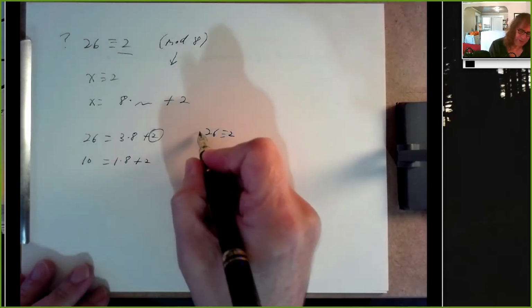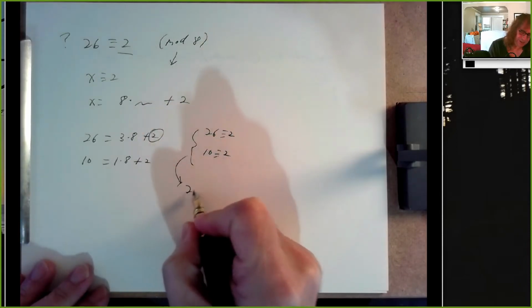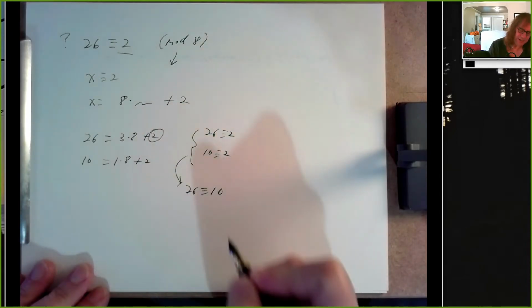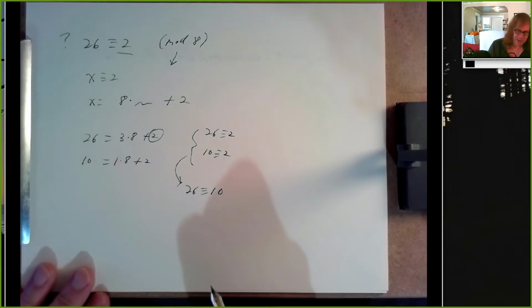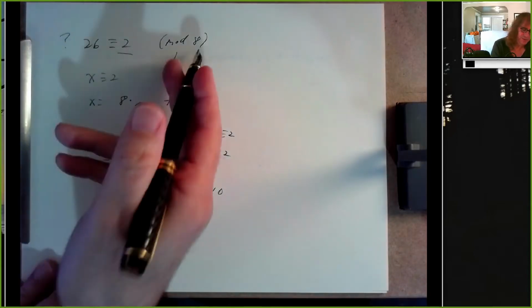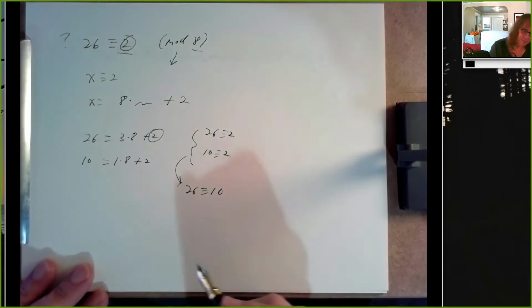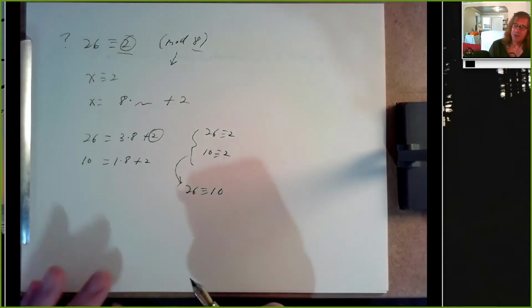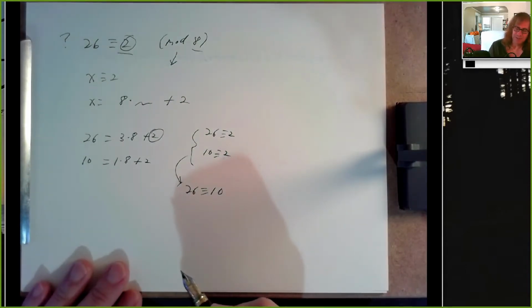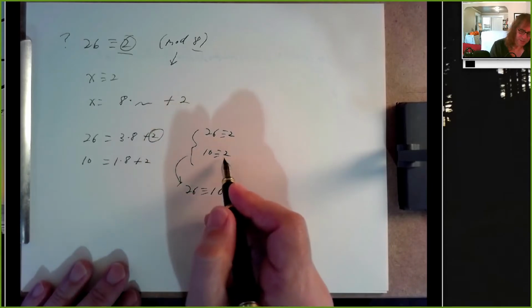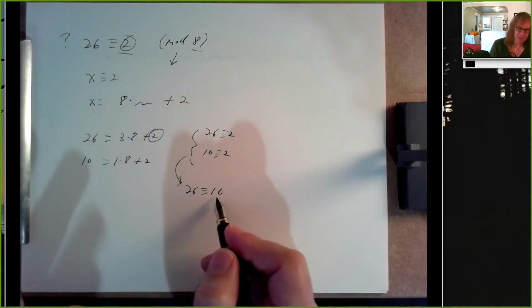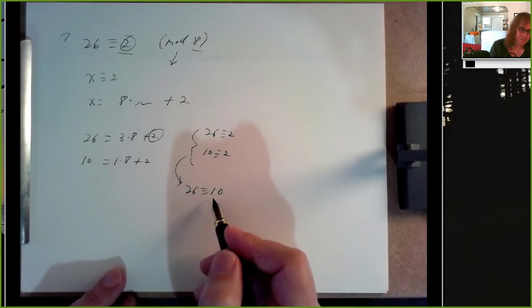Well, guess what? These two facts would also tell us that 26 is congruent to 10. And there's this one aspect where I said normally when I ask you to tell me what is this congruent to mod 8, I'm looking for a number between 0 and 7. But two things can be congruent to one another, and something can be congruent to something else, even if that thing is not between 0 and 7.